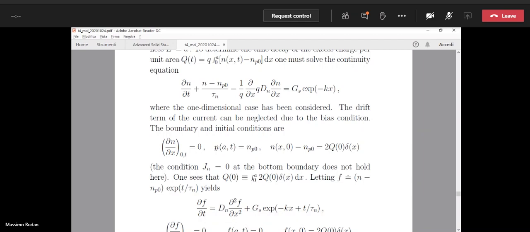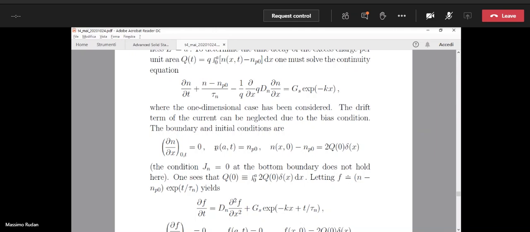So we must impose a condition at a finite distance A from the surface. And we impose a very reasonable condition that the heavily doped region of the substrate forces a condition of equilibrium to the concentration, that is, n at A at every instant of time is equal to np0.